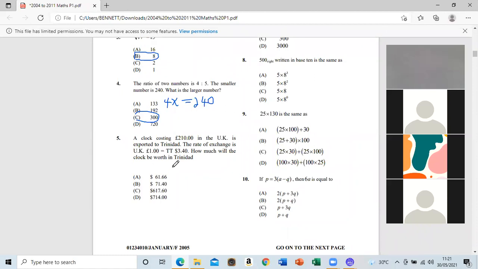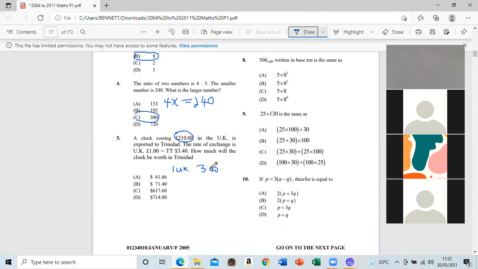So this is how you can look at it. 1 UK pound is worth a whole heap of Trinidad money, $3.40. So if this is in UK pounds at 210, it means 210 times $3.40.